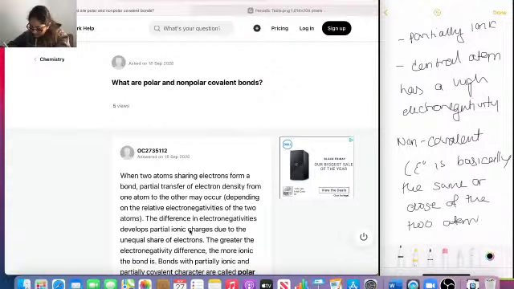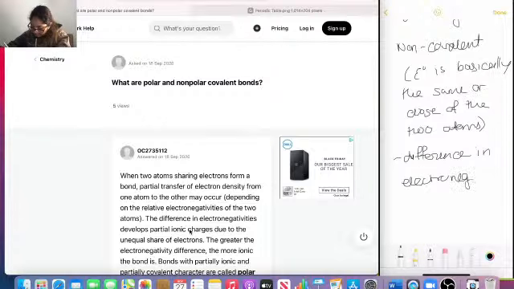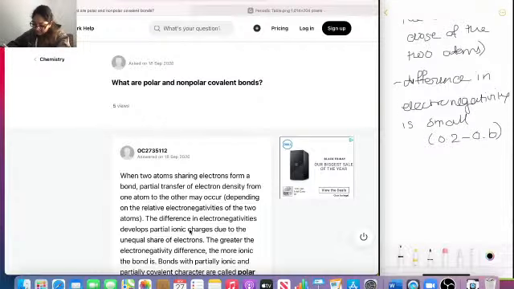So when you have a difference in electronegativity that is really low, somewhere ranging from, let's say, 0.2 to 0.6-ish, this is considered a non-polar covalent bond.